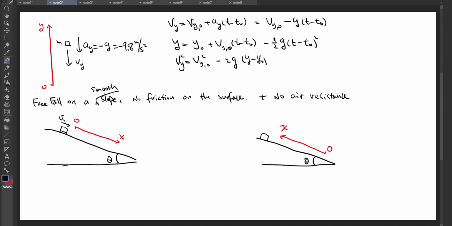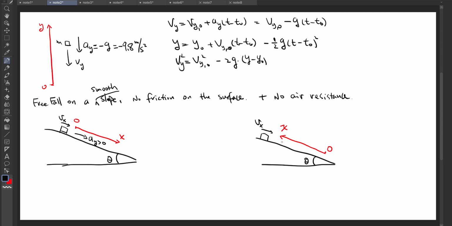So that's the velocity vx, and that's the velocity vx here. And if I draw the ax, then ax will be downward along the slope. So in this case, it will be positive because it's in the same direction as the positive x-axis.